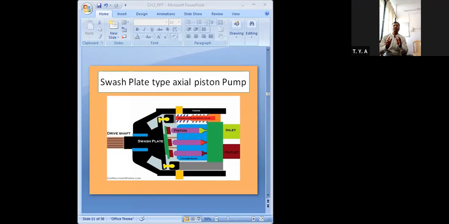Most of the axial piston pumps are multiple piston designs. Many times they utilize check valves or port plates to direct your liquid flow from the inlet to the outlet port, that means from inlet to discharge.